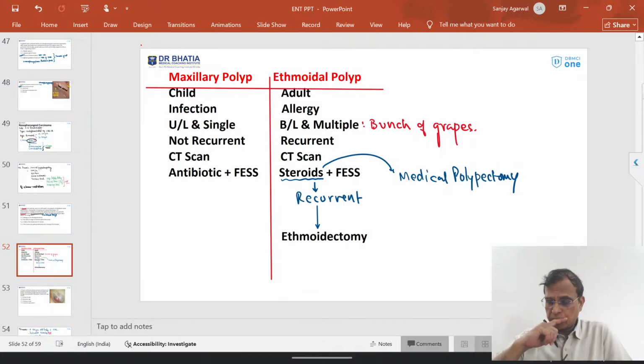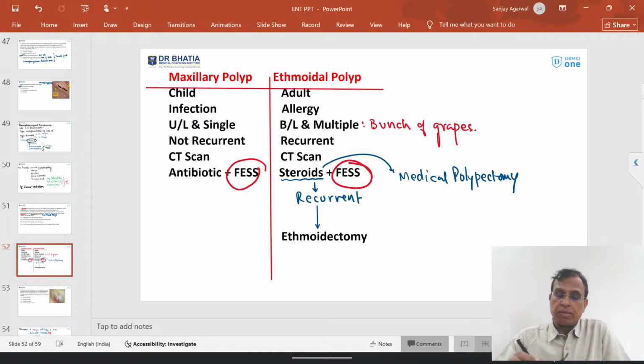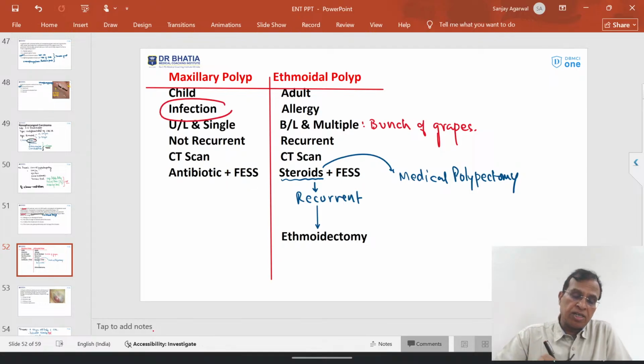But before we go to the question, because ethmoidal polyps are multiple, they are called bunch of grapes. Multiple होते हैं ethmoidal. Maxillary polyp single होता है. Ethmoidal polyp is recurrent और दोनों में फेस करते हैं. But maxillary polyp because it is infective in nature, एंटीबायोटिक देते हैं.